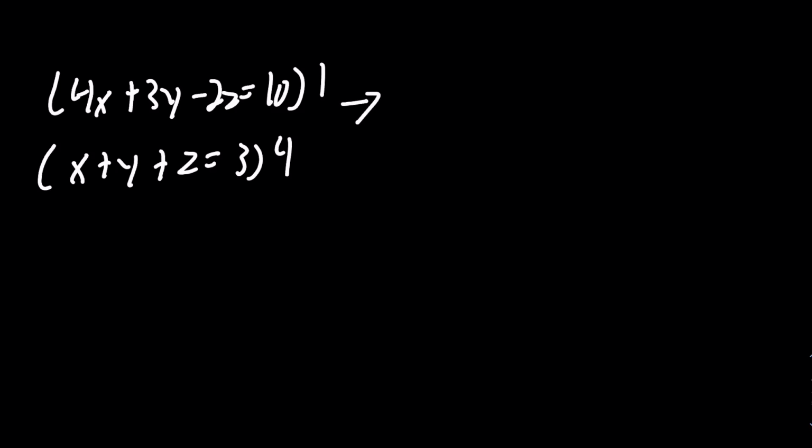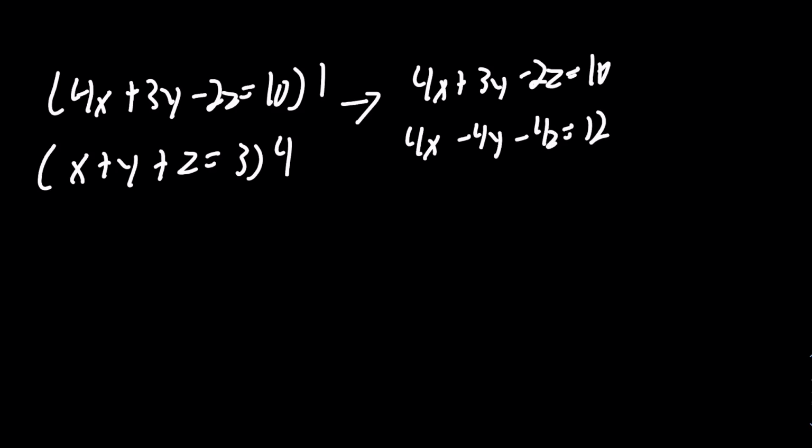After distributing 1 and 4 and simplifying both equations, let's see here, 1 times this, 1 times that. We get 4x plus 3y minus 2z equals 10, and 4x plus 4y plus 4z equals 12.